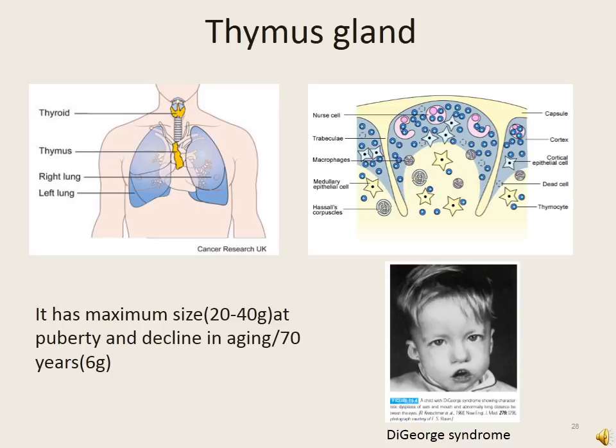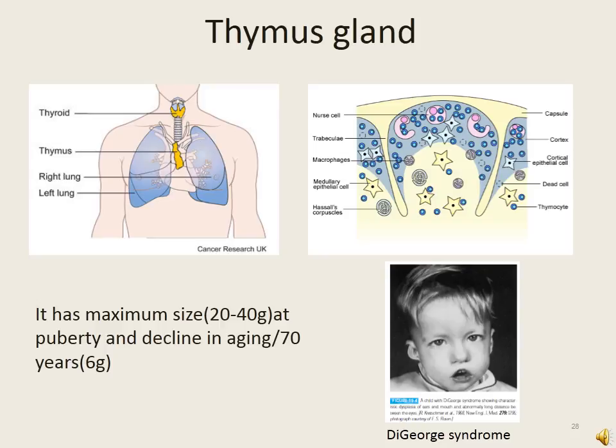That is the structure drawing figure of the thymus gland. You will see that the hematopoietic stem cell, or the precursor of the T cell, will enter the thymus gland. That is the development of T cells occurring in the thymus gland.